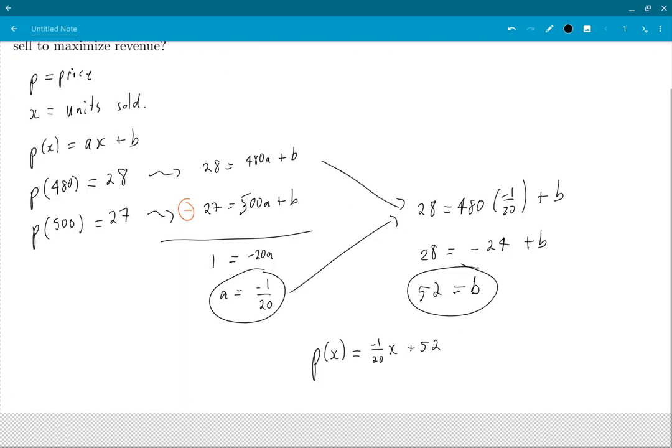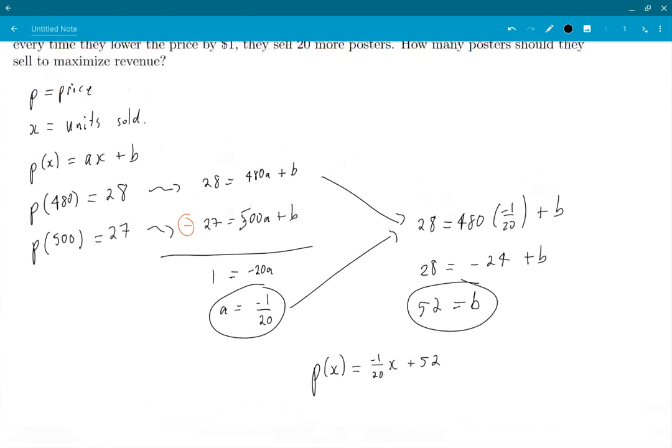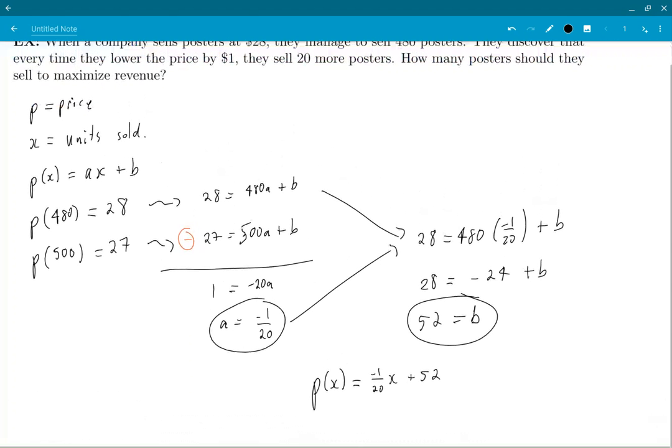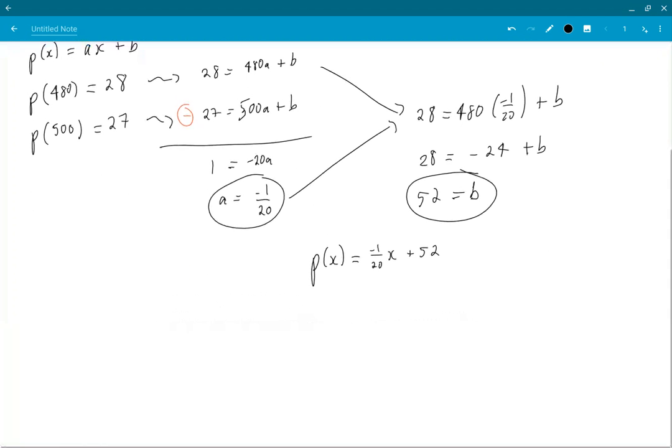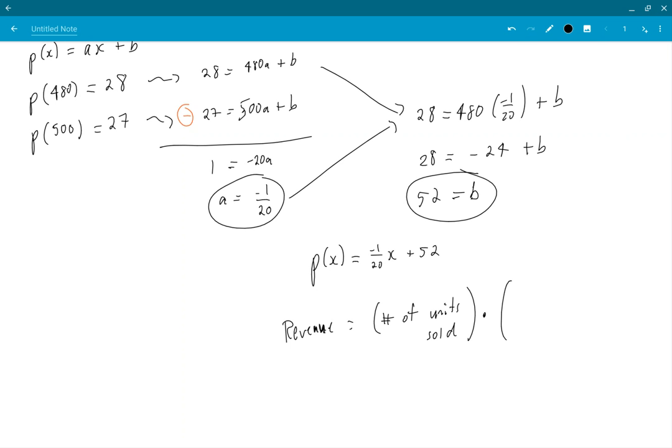I'm still setting up my question here. I want to maximize revenue. So what is revenue? In this simple case, revenue is number of units sold times price per unit.